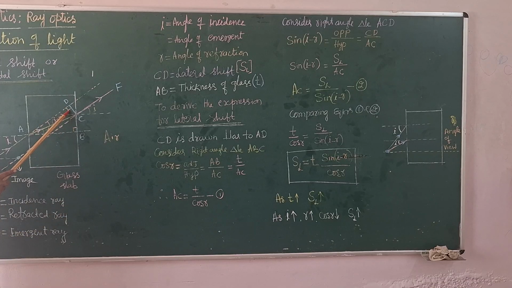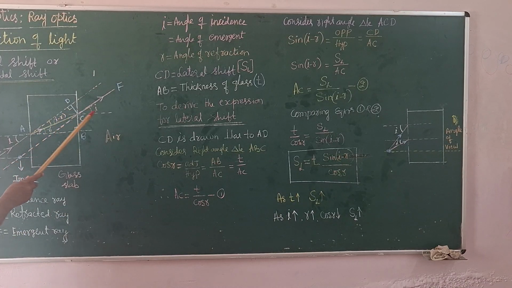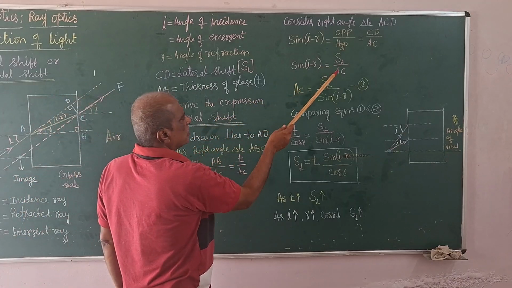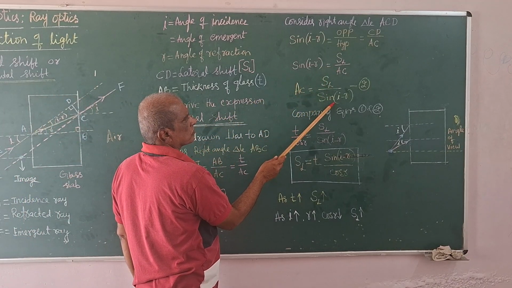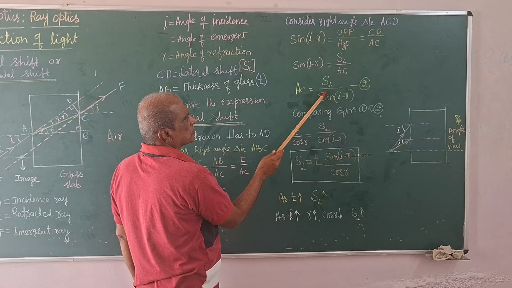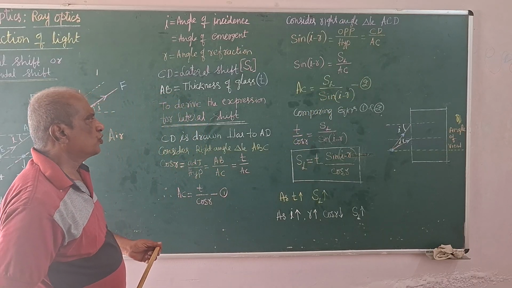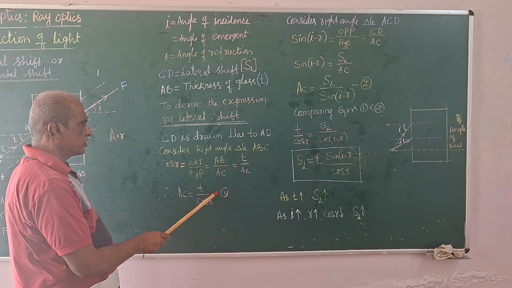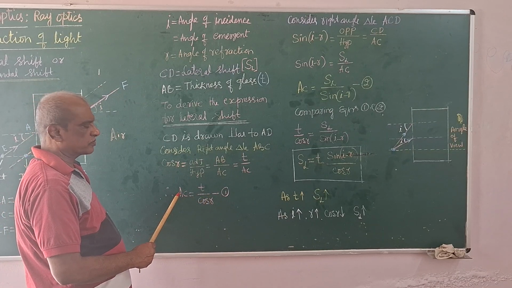What is DC? Write the symbol DC as SL, the lateral shift. SL by AC equals this. Now let us call this equation 2. Compare these two equations, equation 1 and equation 2. Left hand sides are same, so right hand sides must be equal.